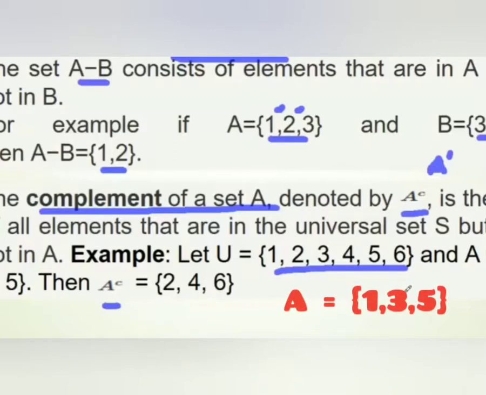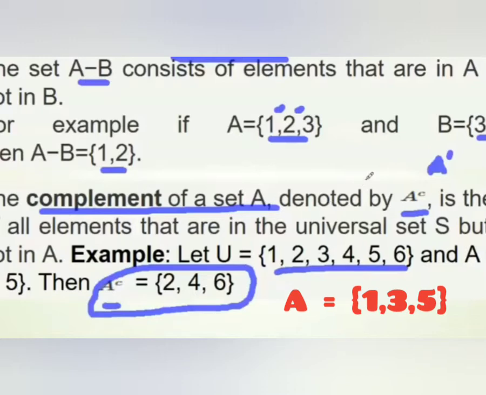Think about elements that are found in this set that cannot be found in A. Meaning, what completes A to equal the universal set? So 1, 3, and 5 for A, so we're missing 2, 4, and 6. So that's the answer when we say the complement of set A. That means what's lacking to equal the universal set.